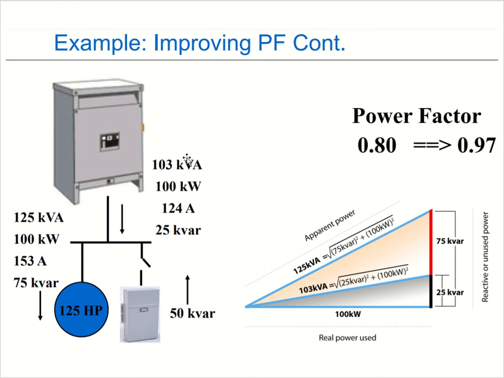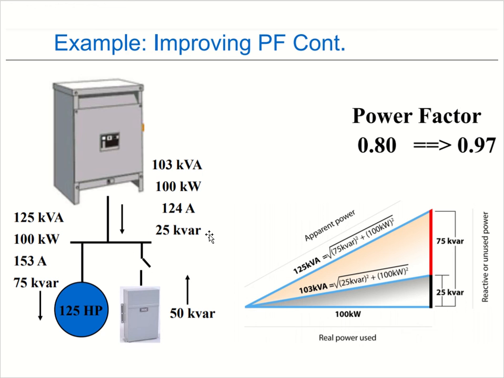So now you will do the same thing to find the 25 kVAR, but in that case we will have to do the inverse cosine of 0.97, and that will give you 14.06.